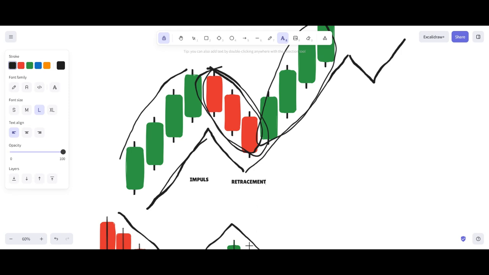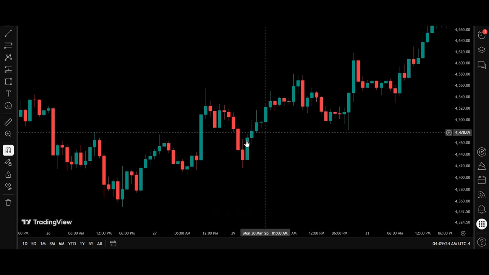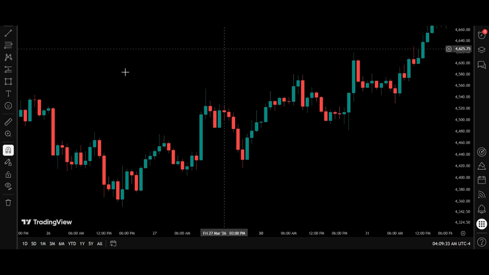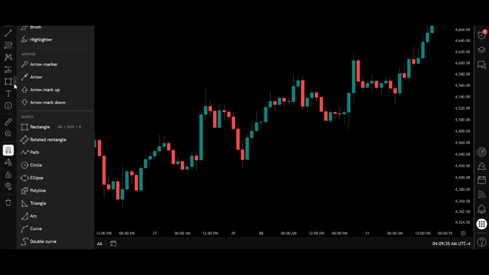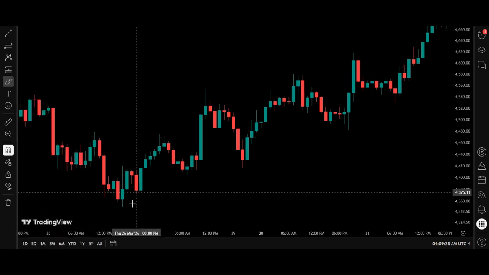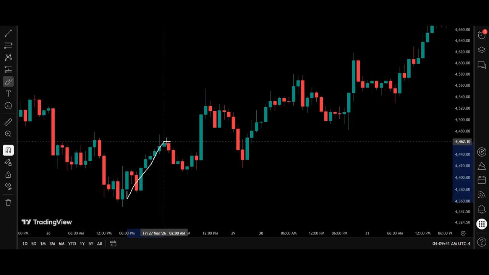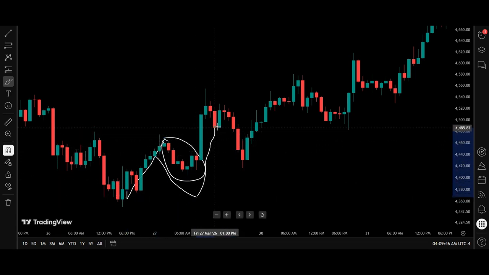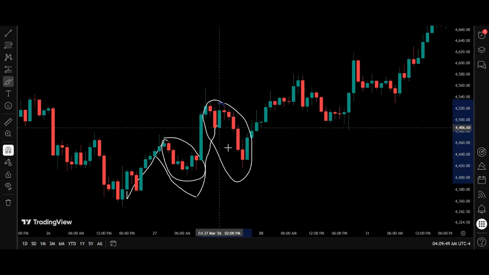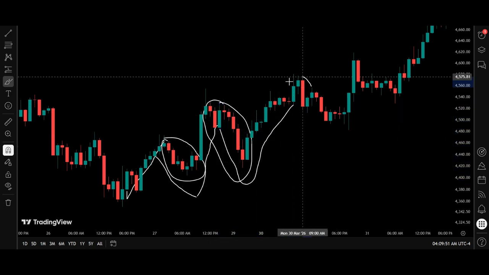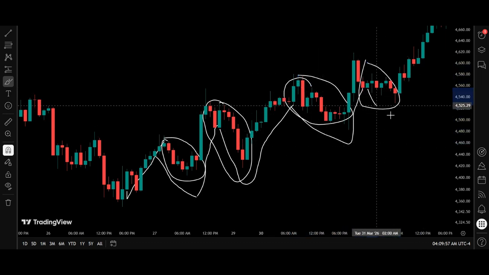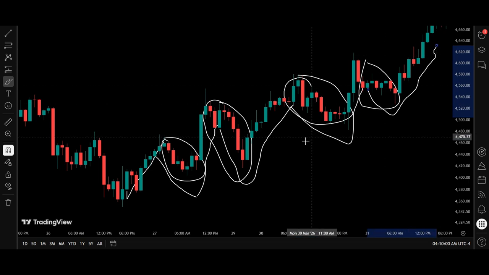Let's jump into a live chart for examples. This is TradingView and it's a gold chart, and each candle is 1 hour. If we mark these candles, as I have told you, the market goes up, then retraces a bit, then moves down, then again goes up, retraces a bit, then moves up, retraces a bit, comes down again, and the market keeps following this pattern.